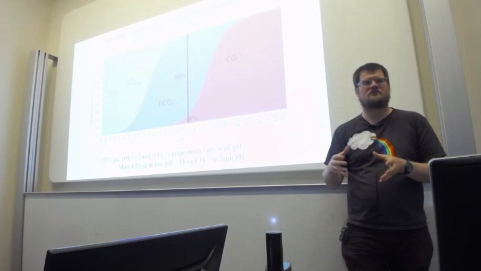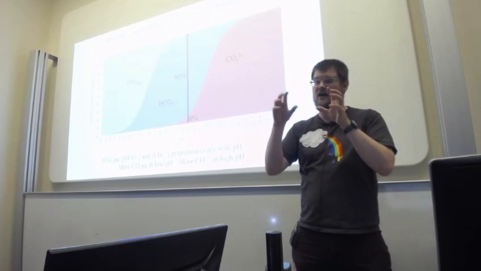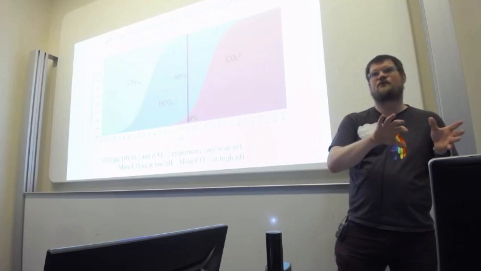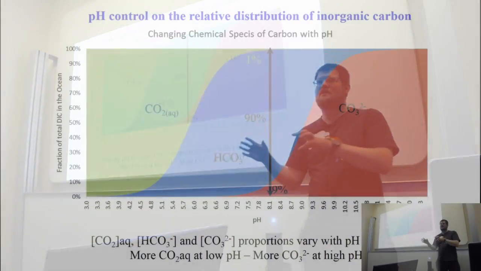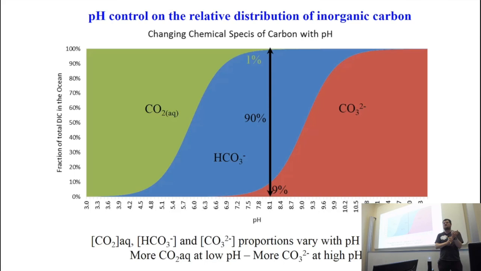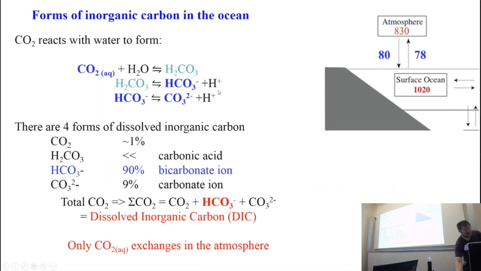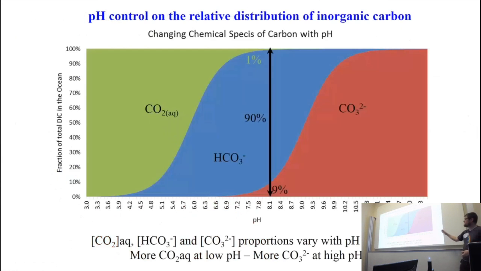At low pH, you've got lots and lots of hydrogen ions floating around in the water, so that forces the reactions more towards the left-hand side, towards the reactants, which means CO2 is favoured. Whereas at very high pH, that basically removes the hydrogen ions from the water, and the reactions want to move to the right-hand side, adding hydrogen ions back in to account for the high pH. So at high pH we have mostly carbonate. At low pH we have mostly CO2.